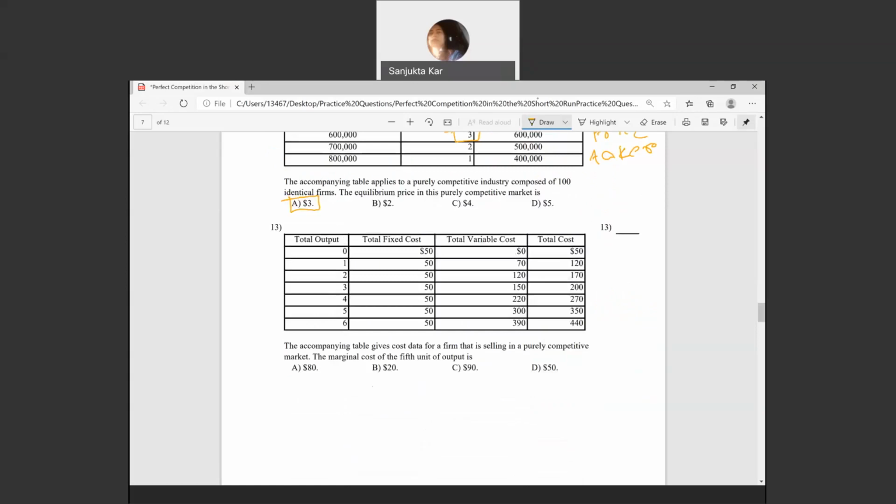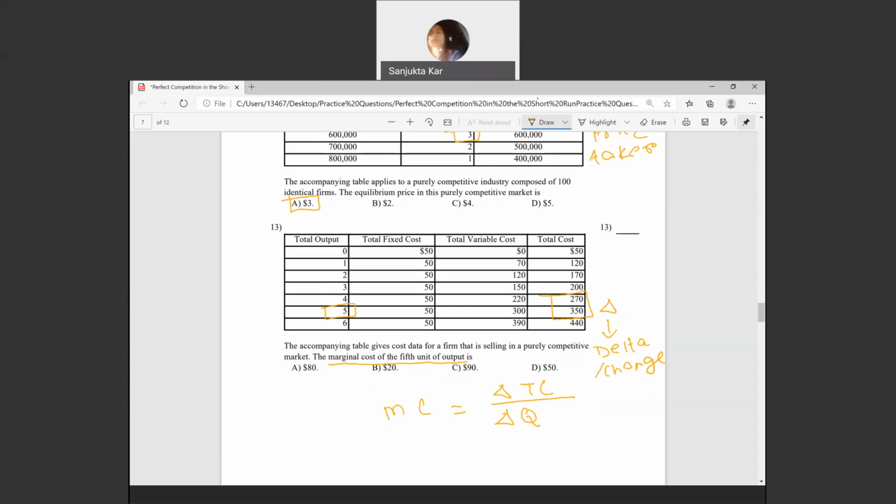Question 13. This is as straightforward as can be. They're asking us to find the marginal cost of the fifth unit of output. I need to find the marginal cost here. Marginal cost is change in total cost over change in output level. I'm using this sign delta for change.